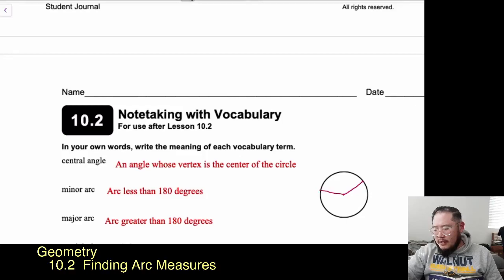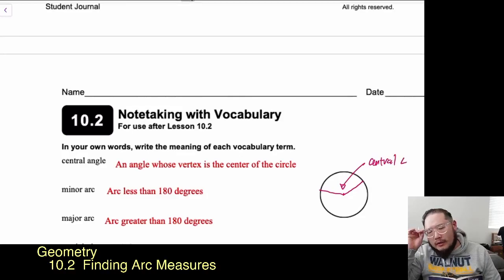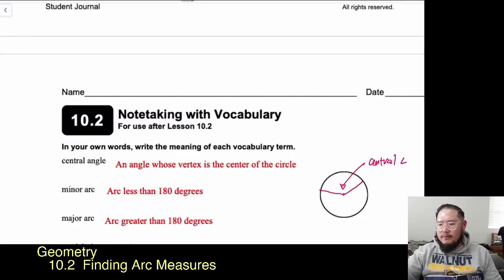And this angle that's formed in the middle right here would be your central angle. The central angle always starts at the center of the circle, and that happens to be your vertex. Now you could use the same circle or draw another one, but I'm going to erase what I just wrote and continue on.